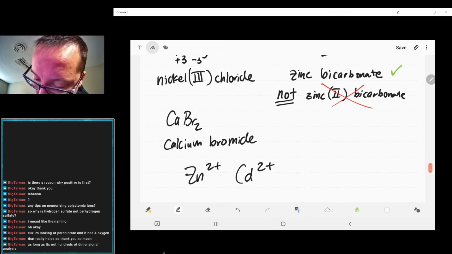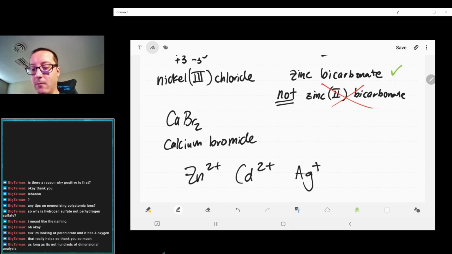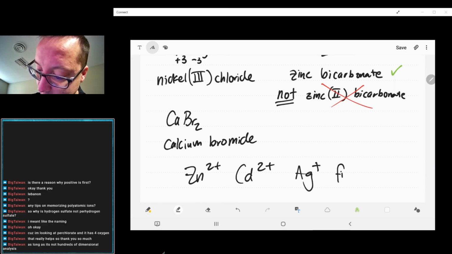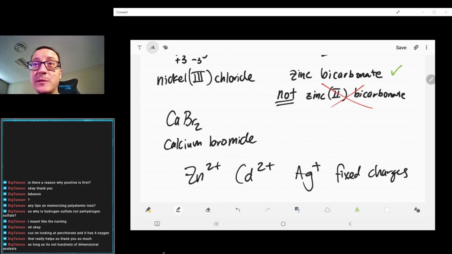Zinc, silver, and cadmium have fixed charges. Just like groups 1 and groups 2 have fixed charges, like sodium is always +1. It's in group 1. Everything in group 1 is +1. These three also have fixed charges, so they're never going to need parentheses for when we name them.